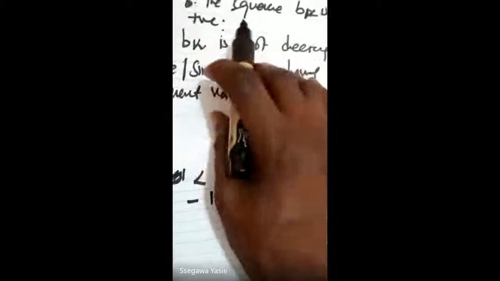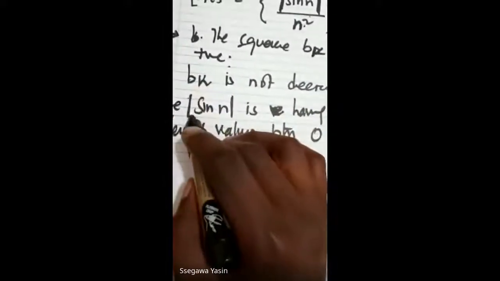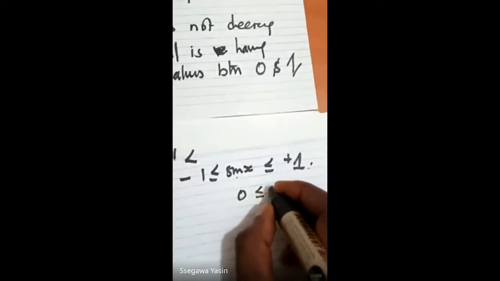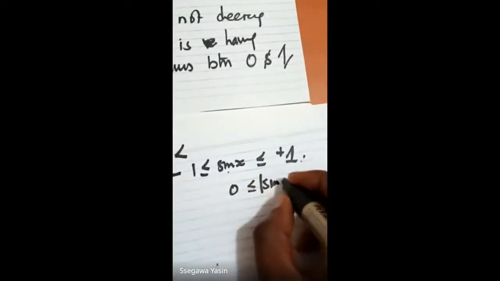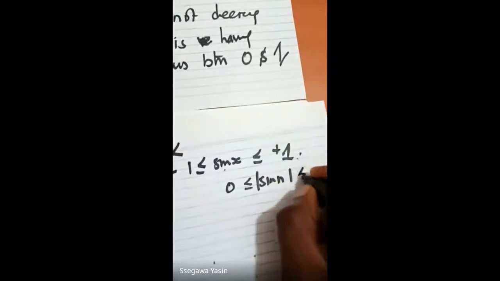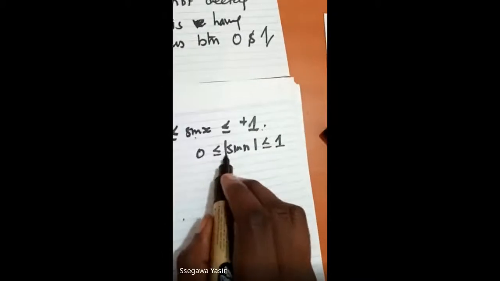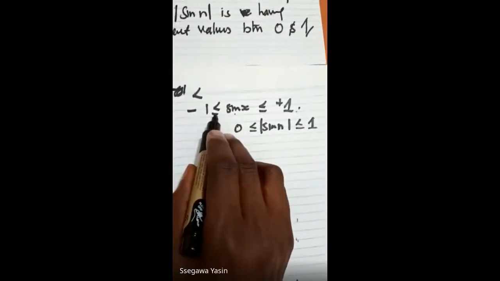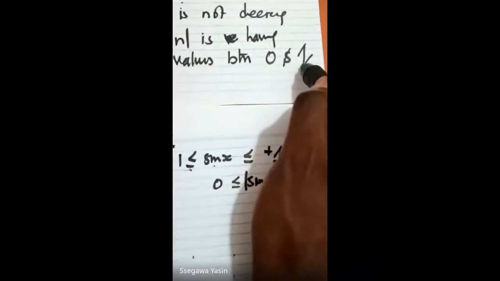But because we have taken the magnitude, it helps us cut off the negative bit, so it starts from 0 less or equal to |sin n| less or equal to 1. And therefore, our answer is going to be between 0 and 1.